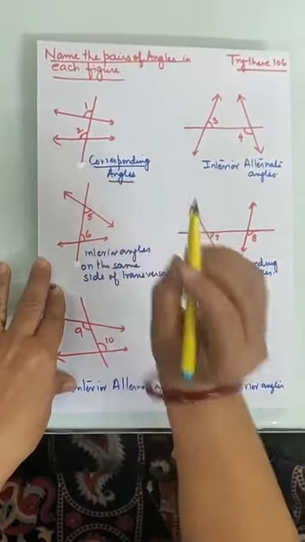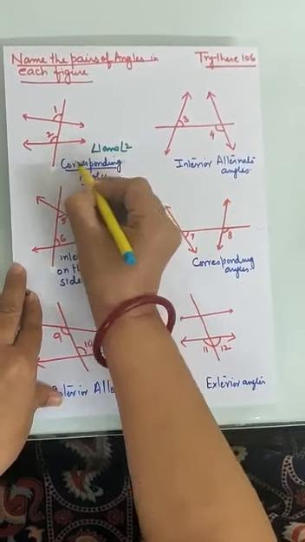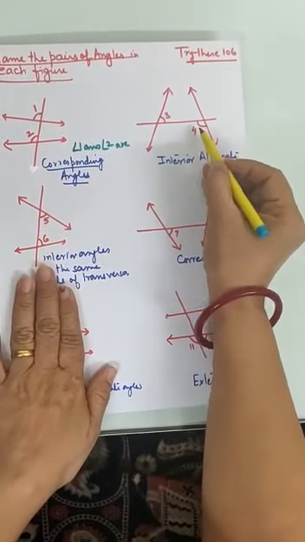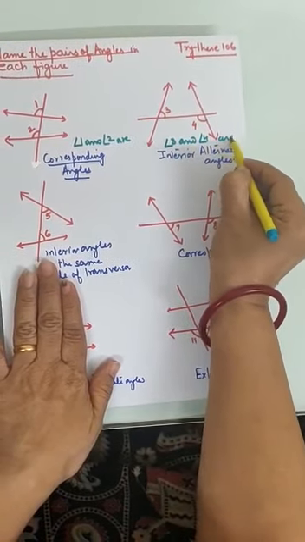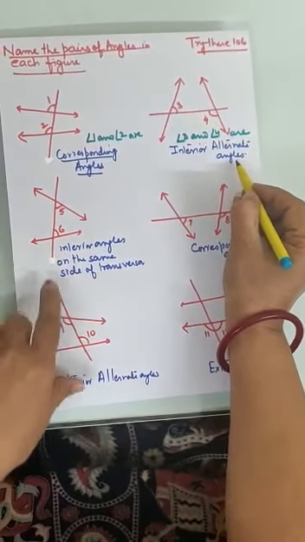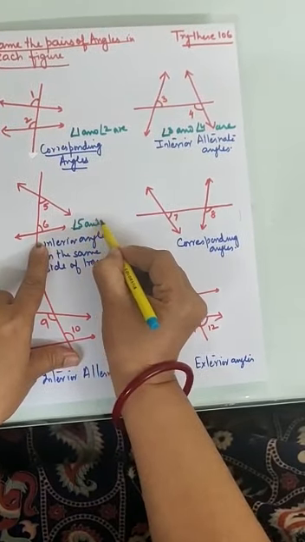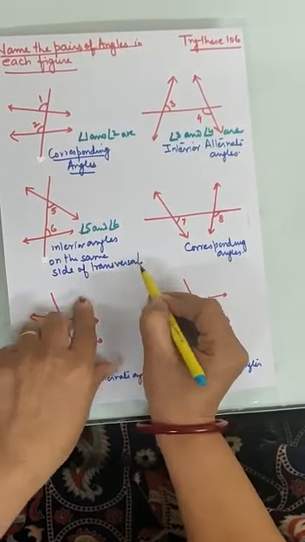So from here we start. We said corresponding angles. So angle 1 and angle 2 are corresponding angles. In this, angle 3 and angle 4 are interior alternate angles. In this, angle 5 and angle 6 are interior angles on the same side of transversal.